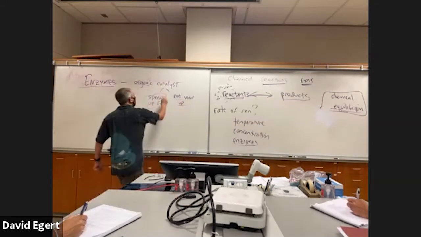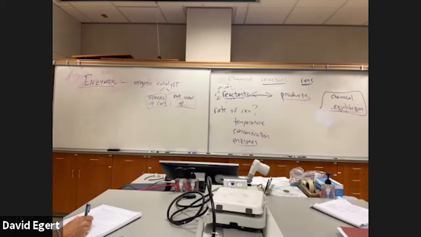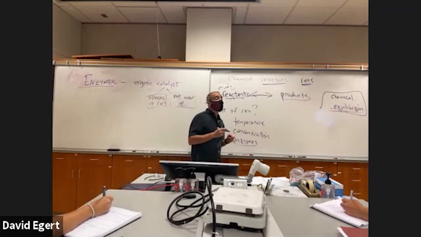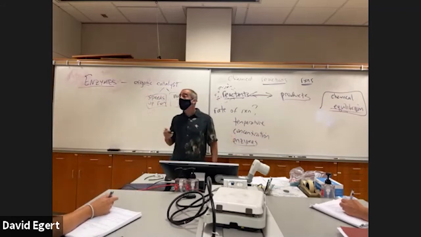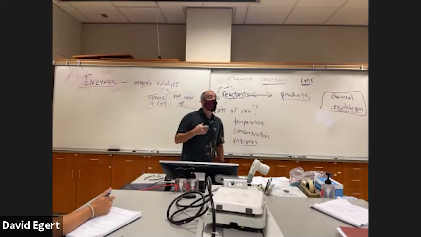So it does its thing, speeds it up, but it's now waiting, ready to go again. Both of these are going to be important. We're going to have a whole lab just looking at enzymes a little later and their dynamics.